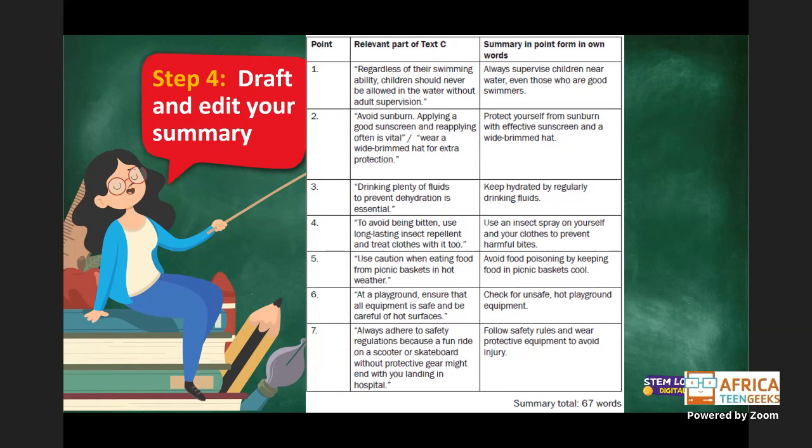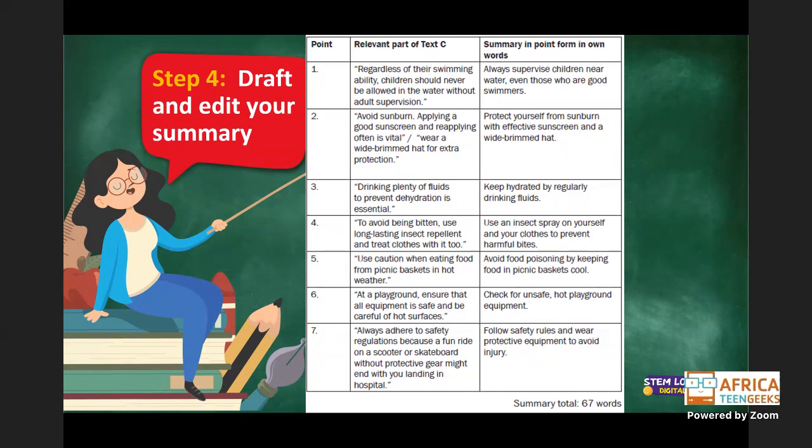Remember, we need to write full sentences with the full stop, the whole works. Make sure the punctuation is proper because you will be penalized again if you do not meet those requirements. And then, you've drafted and edited your summary.